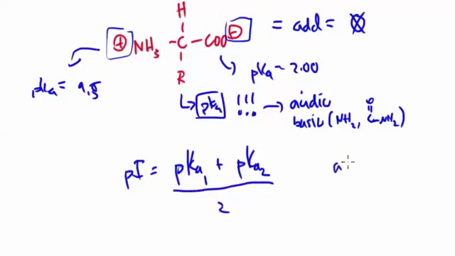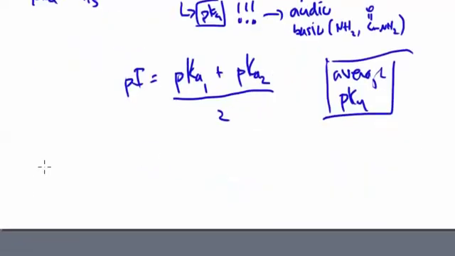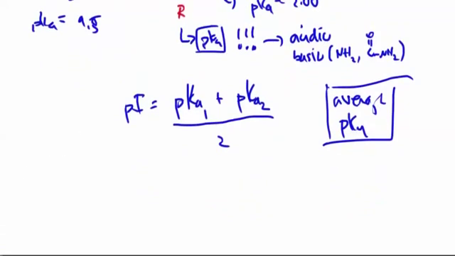So you're going to really simply average the pKa values. That is what we're after. Okay, so let's do an example. I'll show you how easy these examples are going to be. So let's take a look at maybe an example that says calculate the PI for alanine.